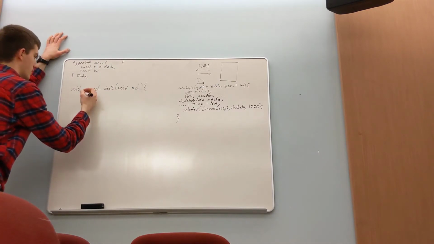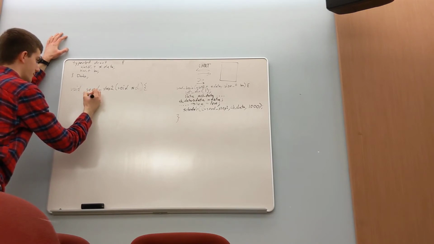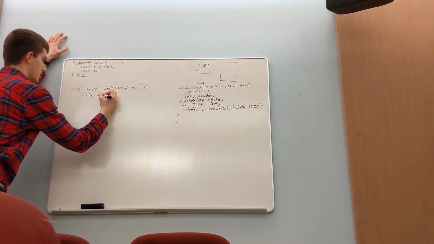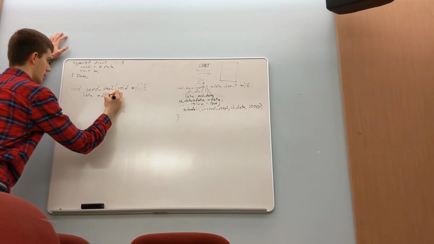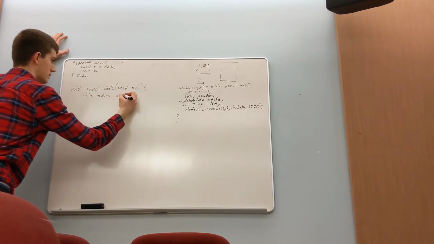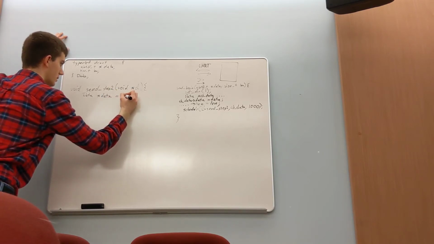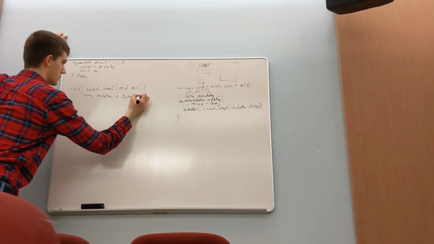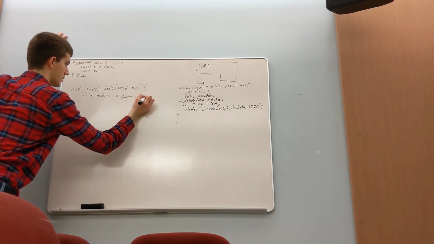And first of all, we need to pull the actual useful struct out of that pointer, so we need to cast it back.